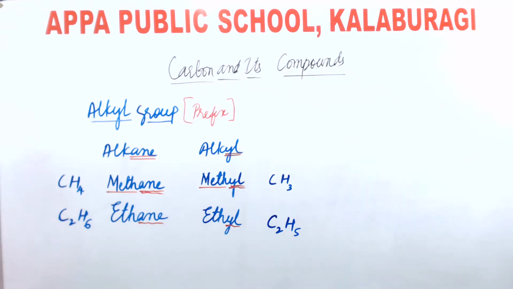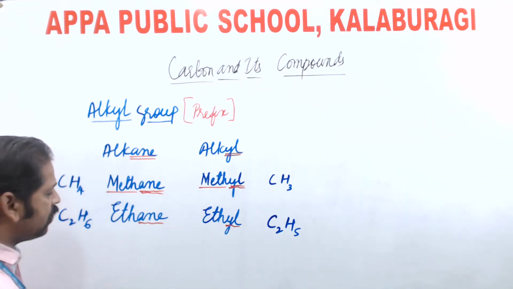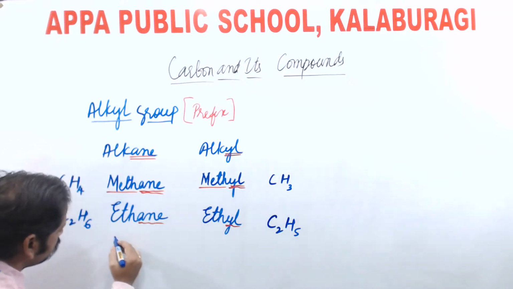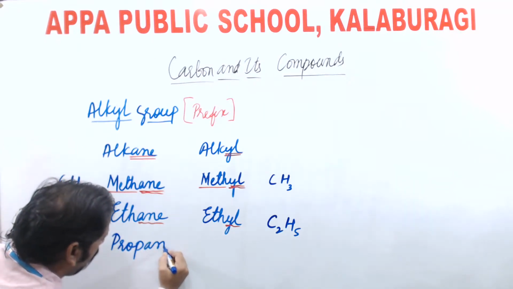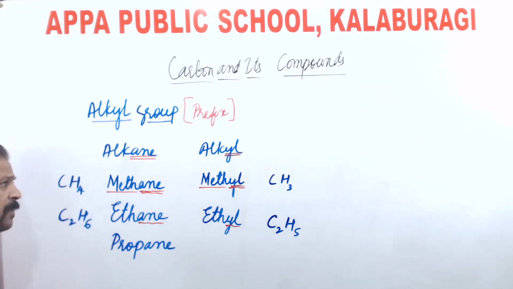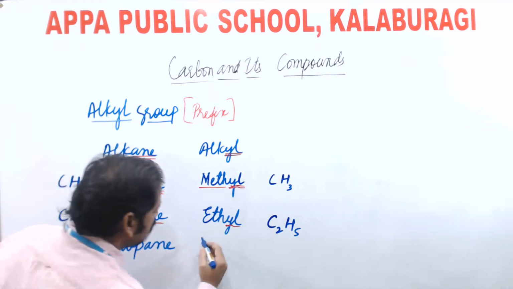Next, the third chemical is propane and propyl. Propane is the third chemical of the alkane group, and for the alkyl group, propyl is the third chemical.